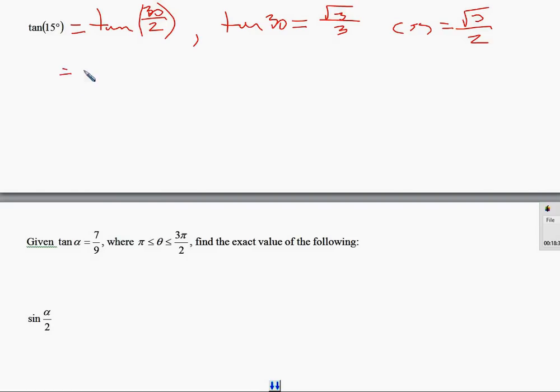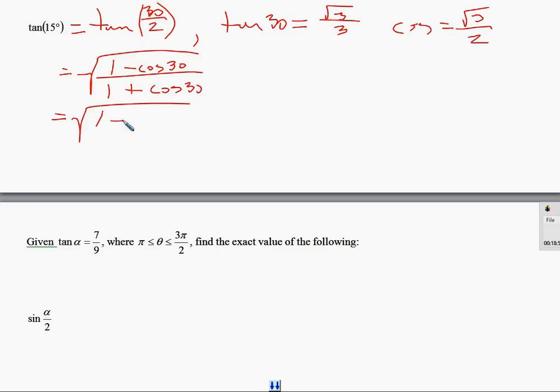So when I begin to fill that out, I have the square root of, and I have 1 minus cosine of the angle over 1 plus cosine of the angle. And then we'll go ahead and start to sub in our values. 1 minus cosine of 30, radical 3 over 2, over 1 plus radical 3 over 2.